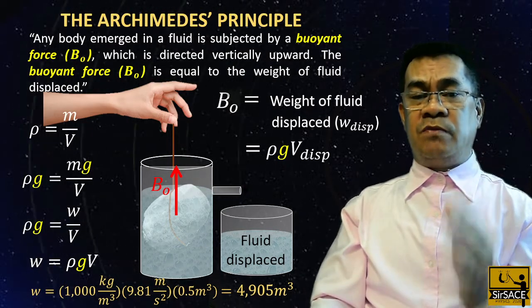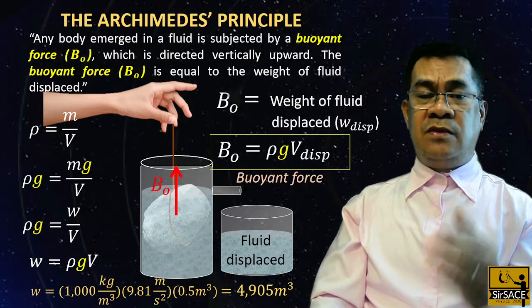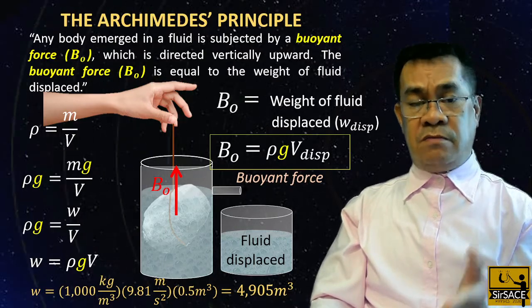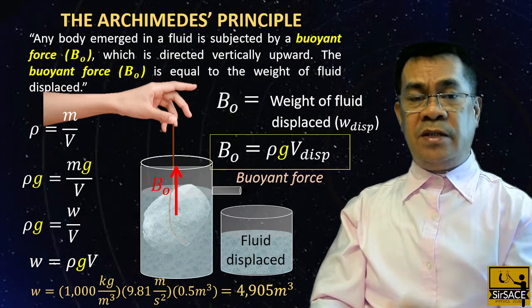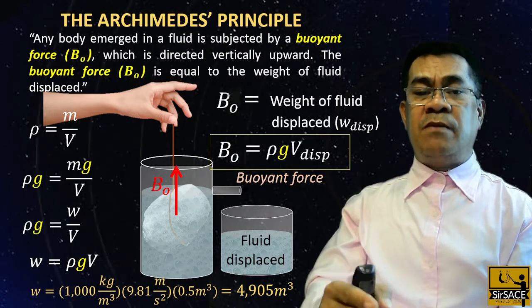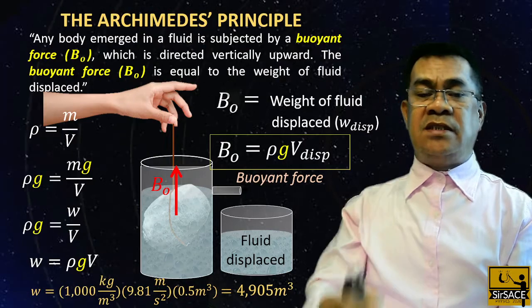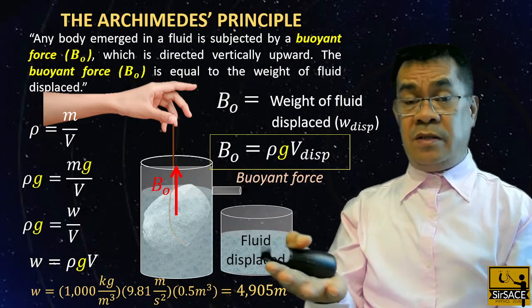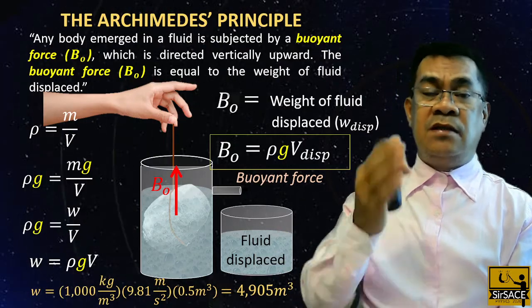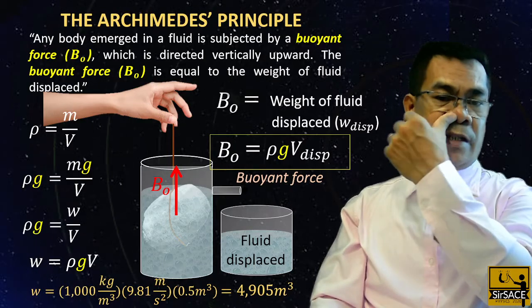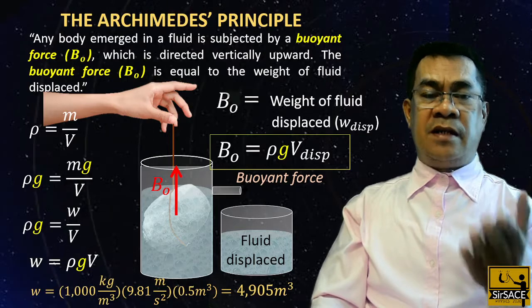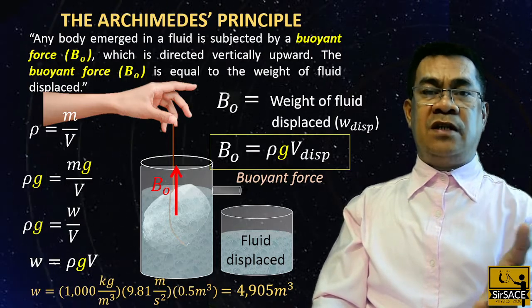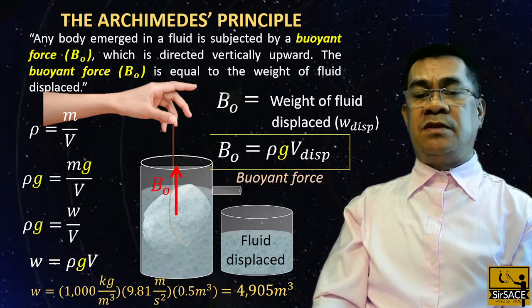So in order to compute the buoyant force, we need the volume displaced. So measure the volume of the displaced fluid, then multiply it by the mass density of that fluid, not of the stone, remember, it is the fluid. Then multiply it by the Earth's gravitational acceleration, and that will be the buoyant force formula. And that is according to Archimedes principle.